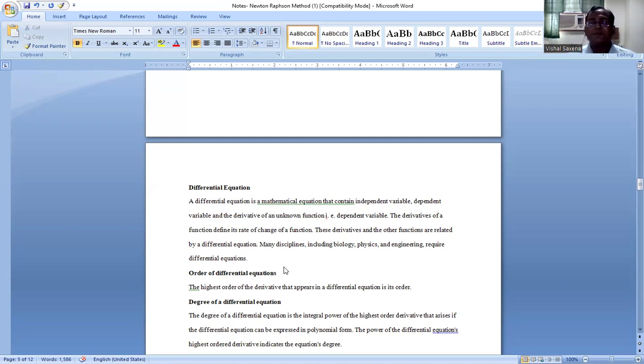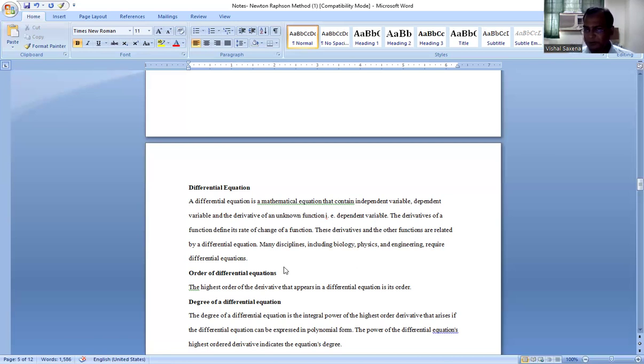The derivative of a function defines the rate of change of a function. As we already know, in the concept of differentiation, there is a term derivative. Suppose I say dy by dx, it shows the rate of change of the function y, that means the function f(x), with respect to the variable x.